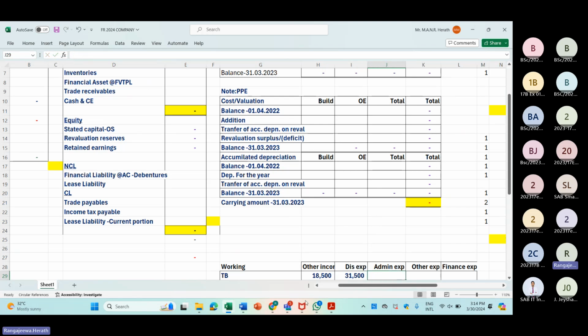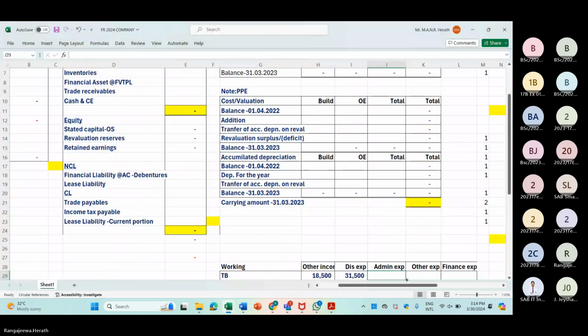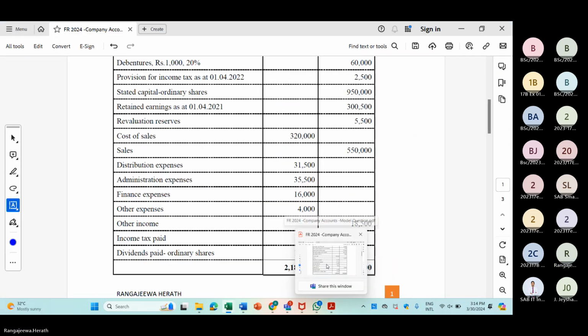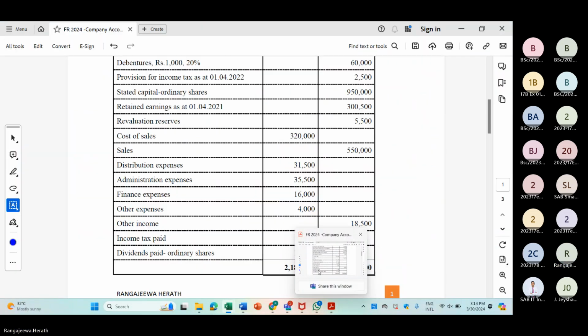Admin expenses 35,500. Other expenses 4,000 and finance expense 16,000.